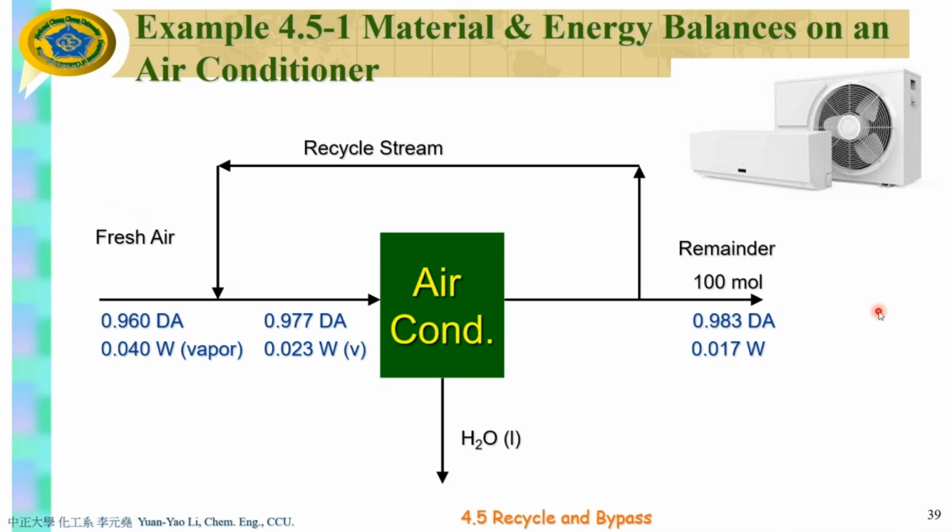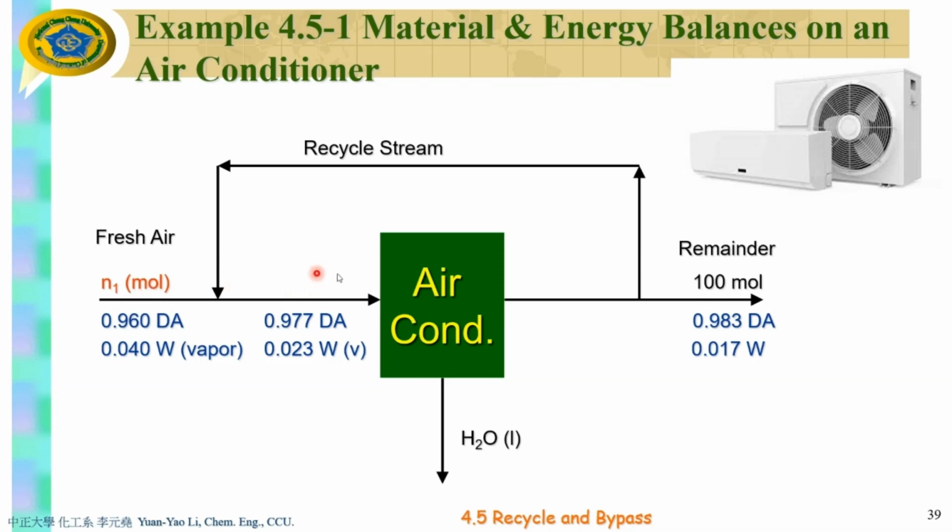So now we already put all the knowns in this flow chart, and now let's put the unknowns in this flow chart. For the fresh air, we have fractions, and they are only air and water, right? So this is the total moles of this fresh air, N1.